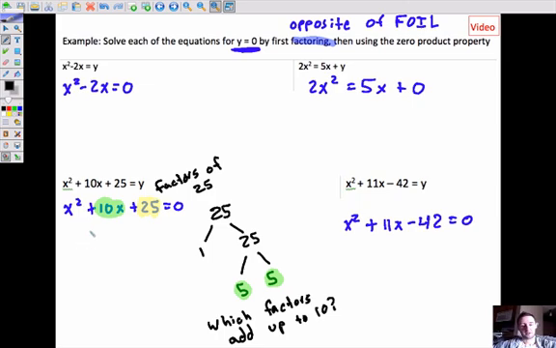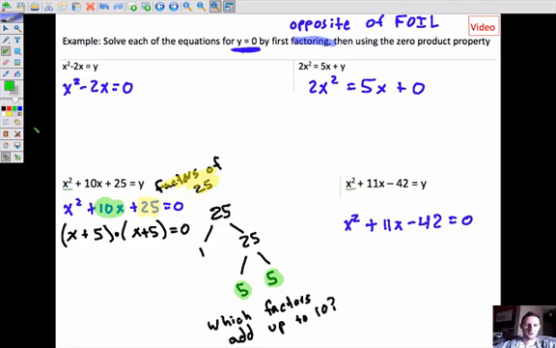So the way that I will write this out then is x plus 5 times x plus 5 equals 0. Okay, that's factored form. I found my two factors based on the factors of 25 as part 1.